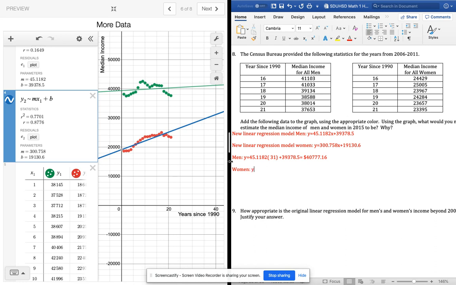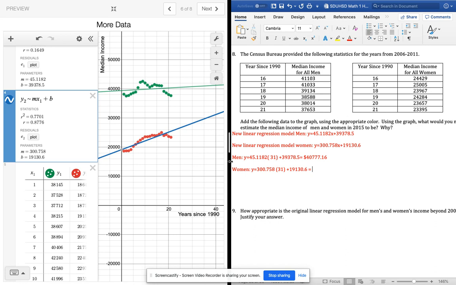For women, it'd be y equals 300.758 times 31, 31 years since 1990, plus 19,130.6.